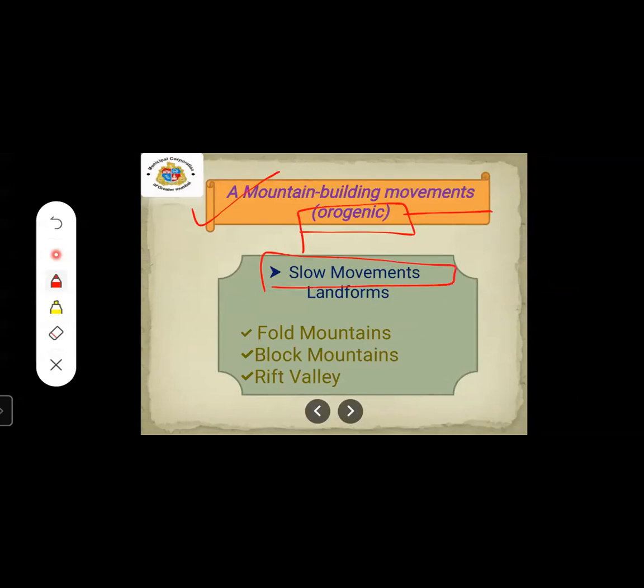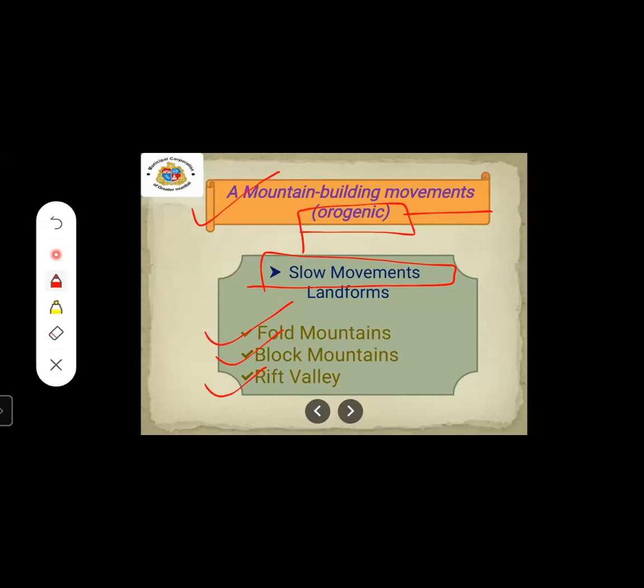We are learning only about the slow movements. Keep this in your mind. In this slow movement, we are going to see the formation of mountains and continents: how the mountains are formed and how the continents are formed.